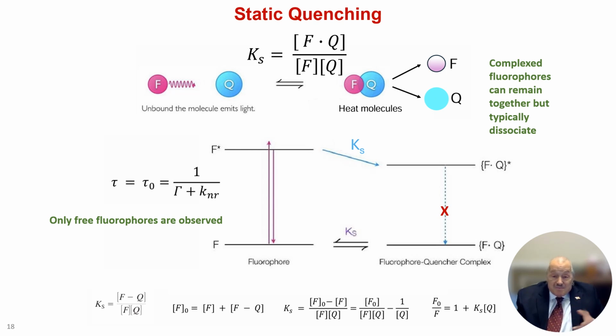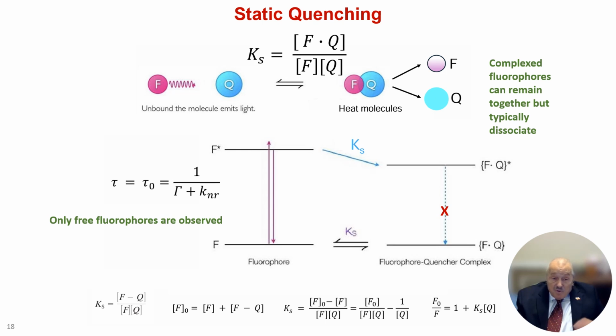Well, the Stern-Volmer graph is sort of changed because we have the molecule going to the first excited state from which it can emit, or by a collision with a static quenching molecule, it forms a complex which cannot emit.